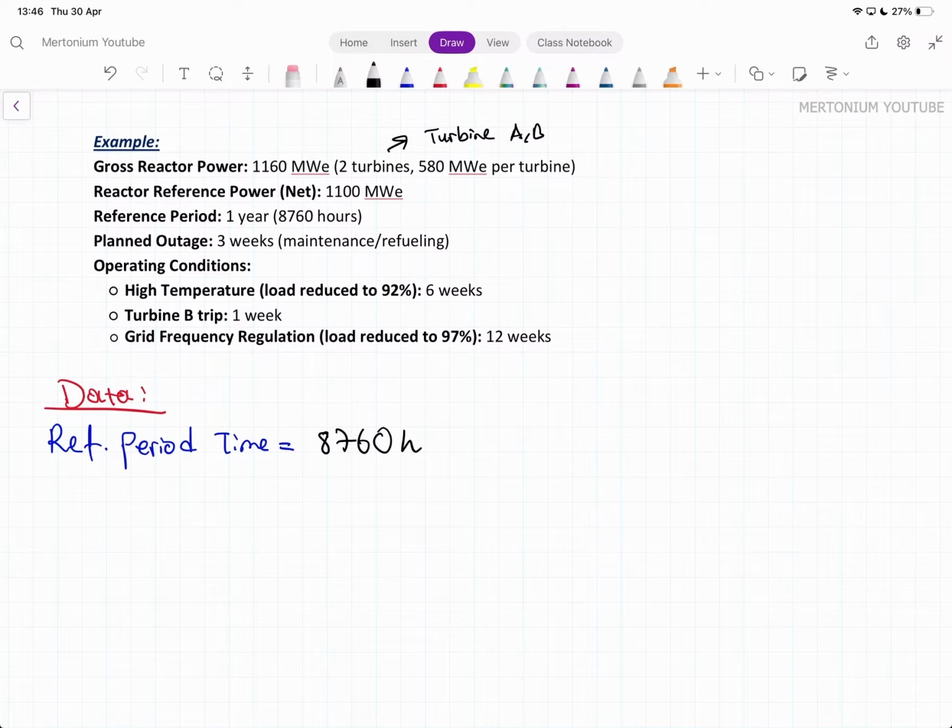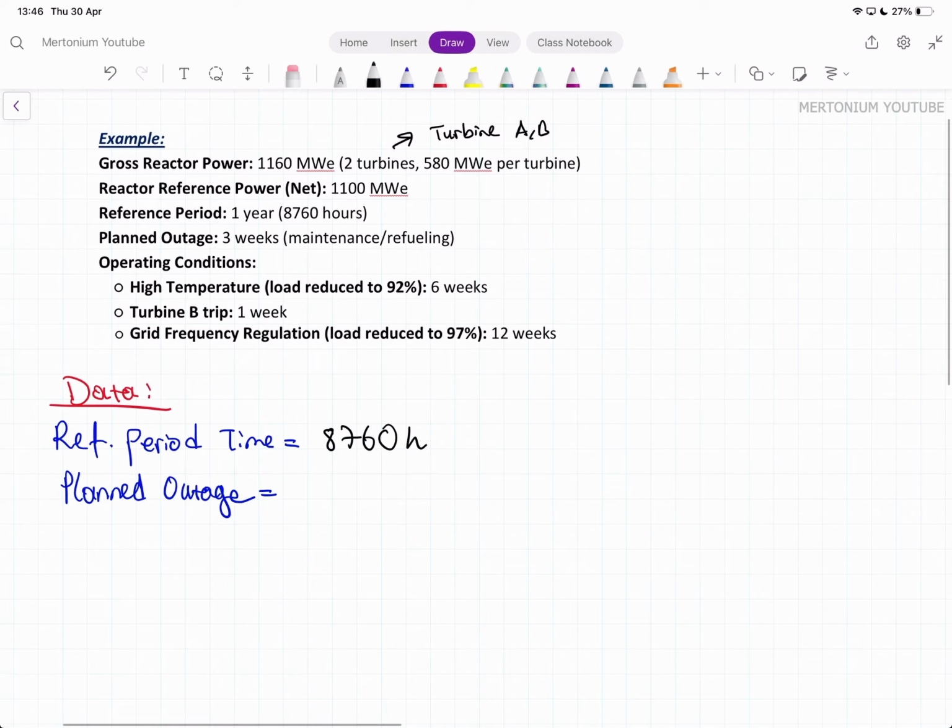Then we have the plant outages for maintenance and refueling. And here we know that it will take 3 weeks. So converting to hours, 7 days, 24 hours, 504 hours.